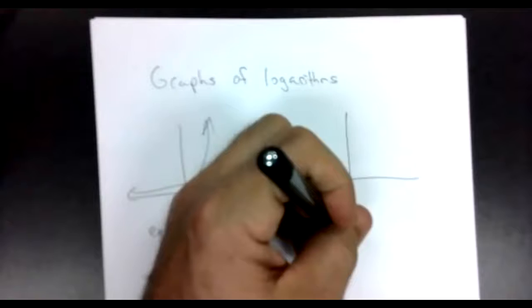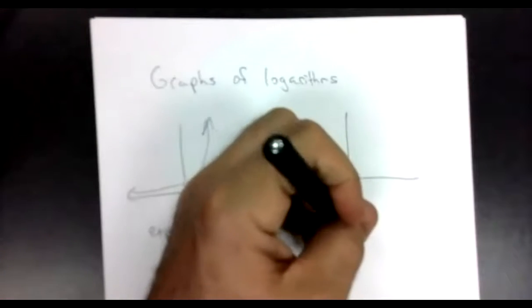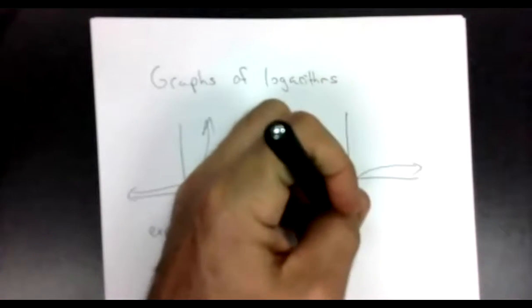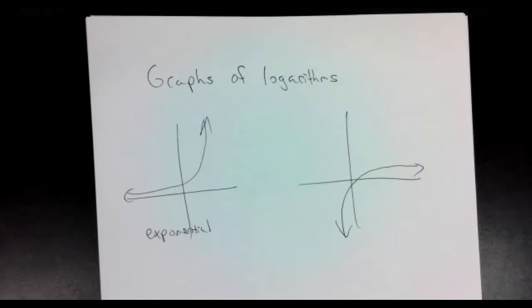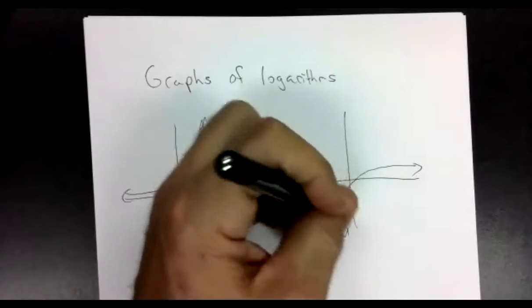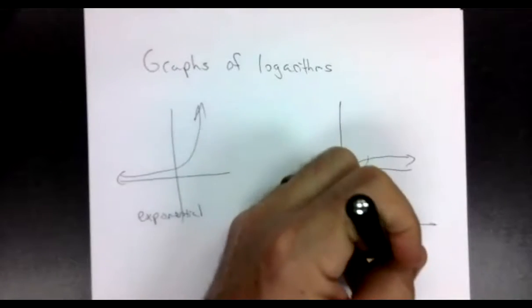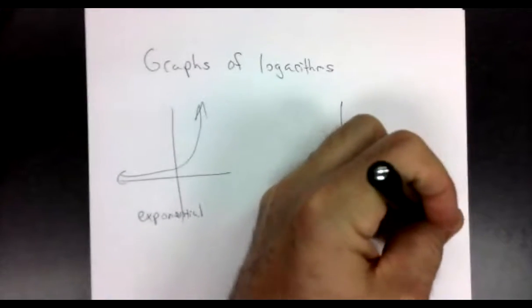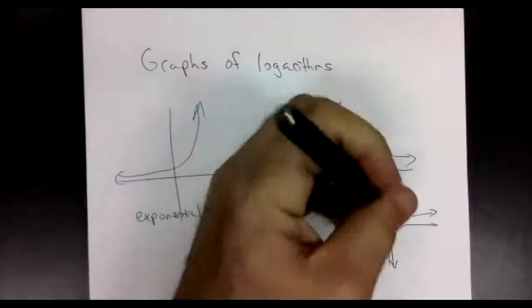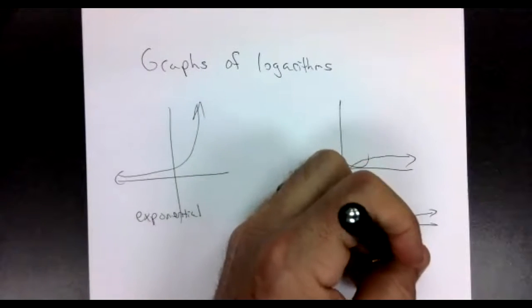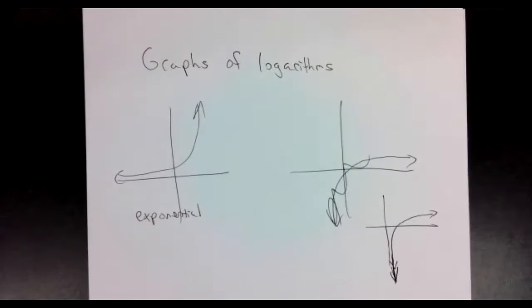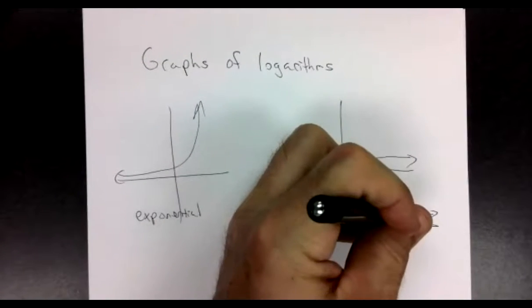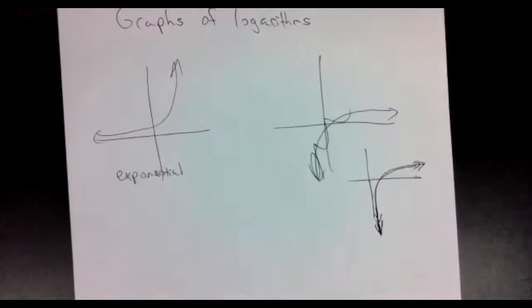A logarithmic function should look like that. Just like your exponential function doesn't cross zero, your log gets really close to the vertical axis, but it's never going to cross it. And then it's going to go up, and then it's going to get really flat.